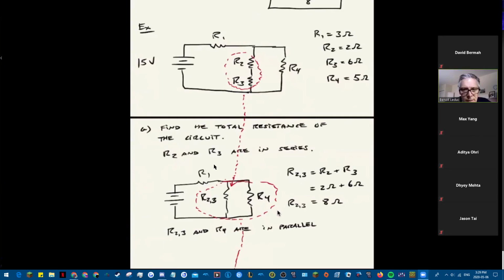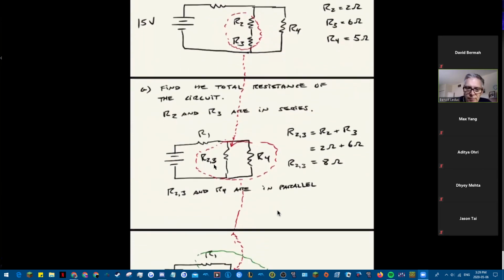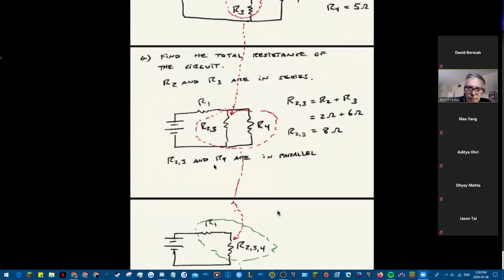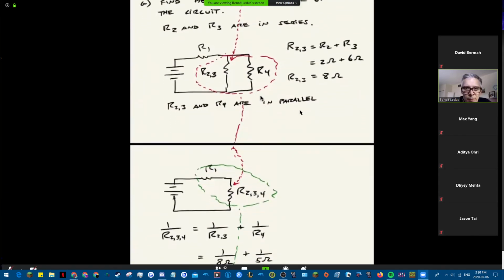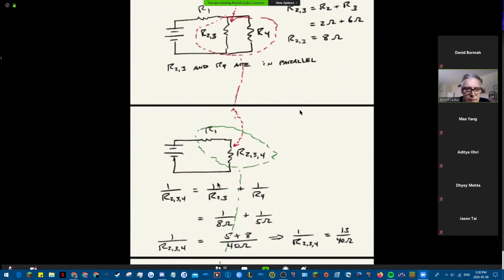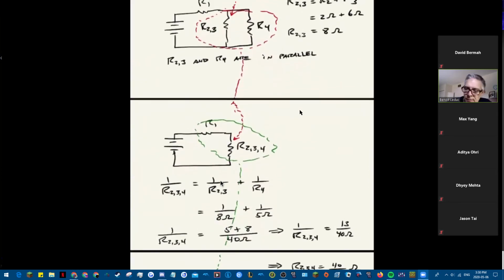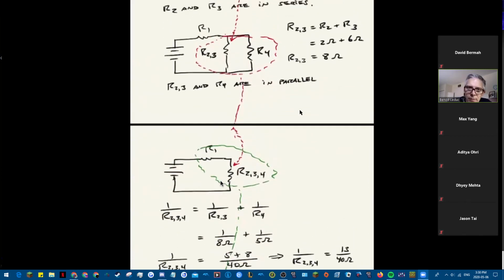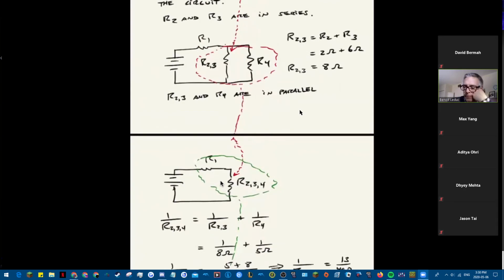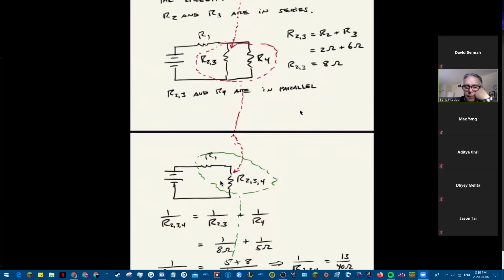All right. So you use the formula. So what's the formula here? Well, the formula is to add the reciprocals, so 1 over R23 plus 1 over R4, so it's 1 over 8, R4 is 5 ohm.